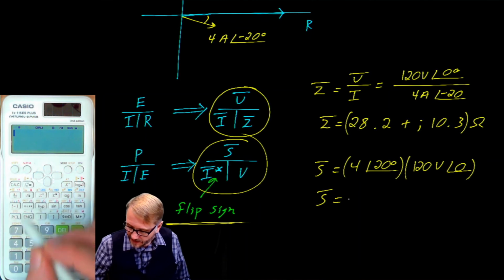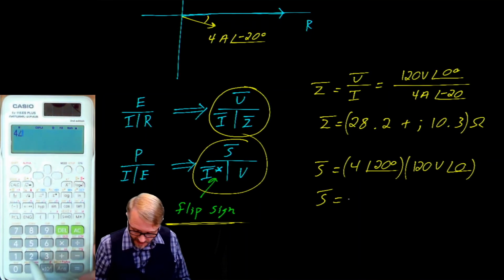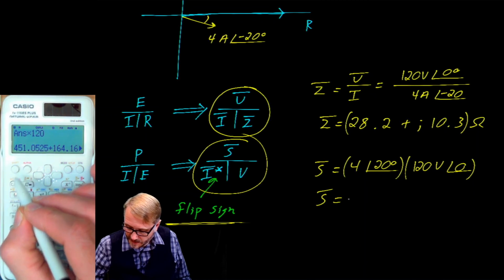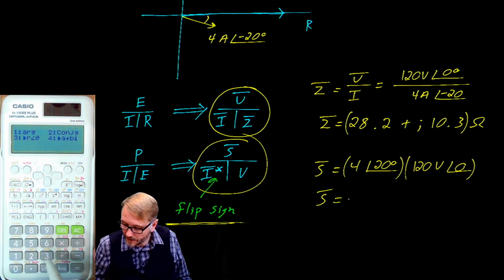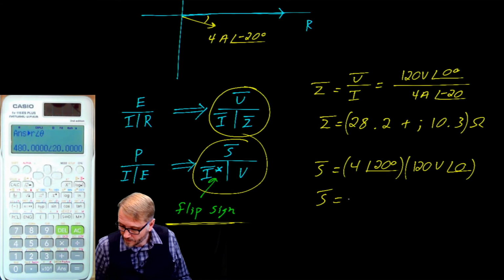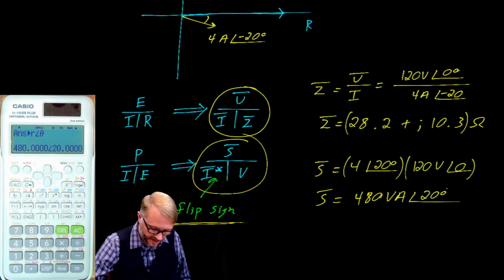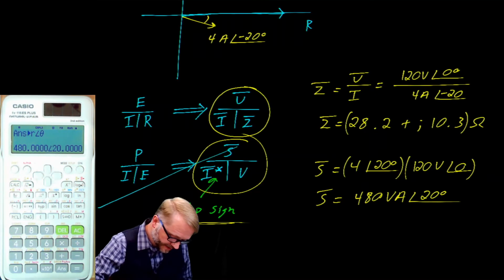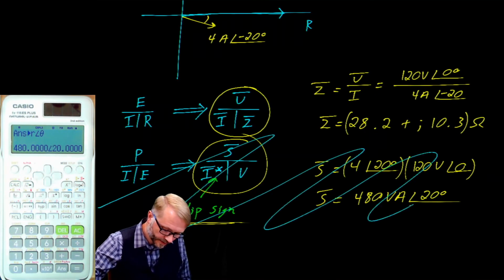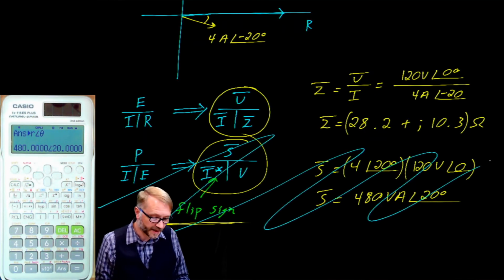Moving over to the calculator, that's 4 phase angle 20 equals times 120. We're going to shift that into the polar mode. And we would see that that's 480 what are called volt amps at a phase angle of 20 degrees. That was a bit of a look ahead. We'll come back to this power stuff another day.